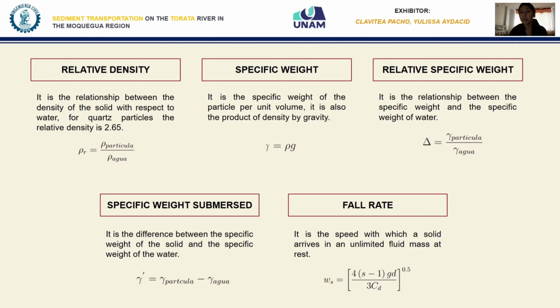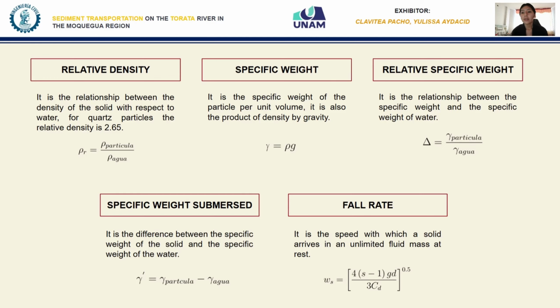Specific weight. It is the weight of the particle per unit volume. It is also the product of density by gravity. Relative specific weight. It is the relationship between the specific weight of the solids and the specific weight of water.